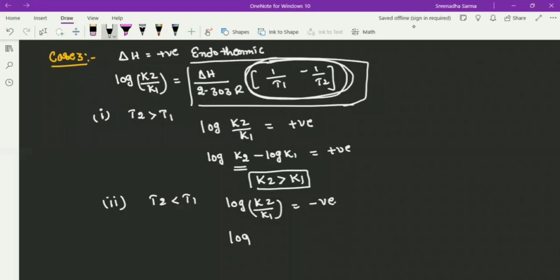Log K2 minus log K1 is negative. So in this condition, K1 is greater than K2. So the equilibrium constant decreases when the temperature decreases in the case of an endothermic reaction.